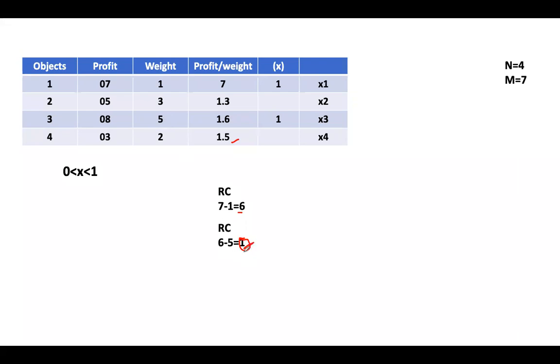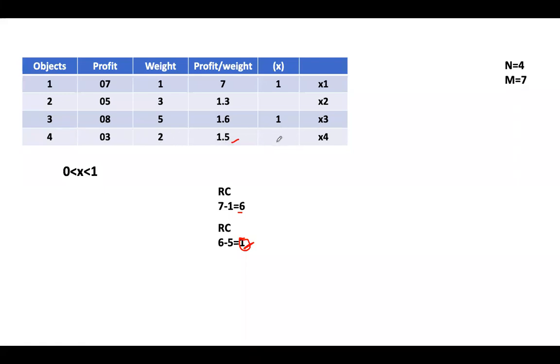So remaining is 1. Next thing is, among these two left out objects, object 4 has the highest profit weight ratio, that is 1.5. So I will consider this for our bag. To consider this, only 1 kilo space is left in the bag. I cannot consider this entire object, so you cannot write 1 here.